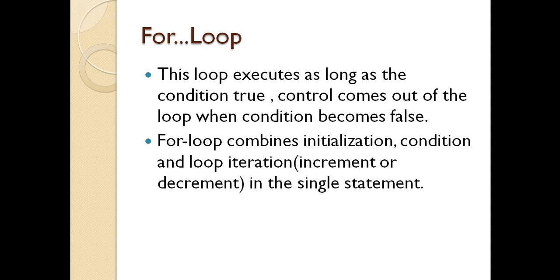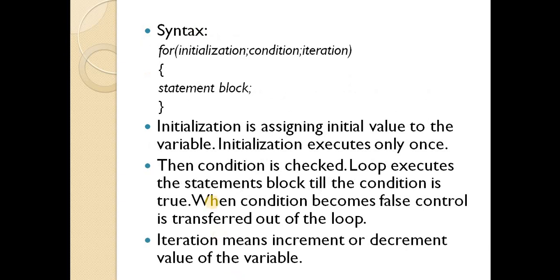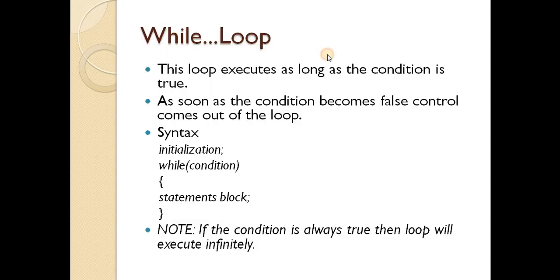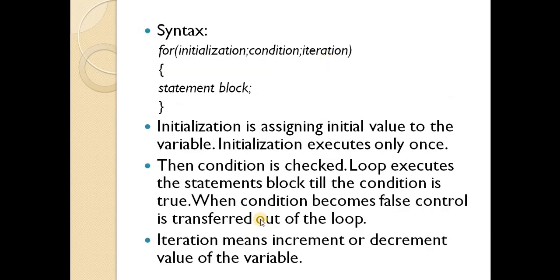Okay, so now next we have to see syntax. Syntax of for loop. for, round bracket starts, initializing, a semicolon, condition, a semicolon, iteration and round brackets close. So over here, initializing, condition and iteration are present in a single statement inside your round brackets.